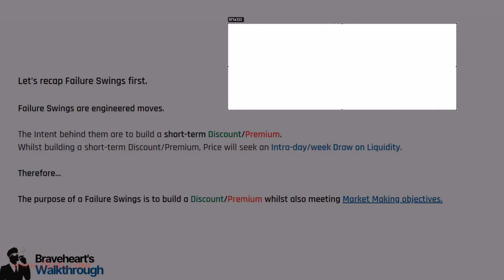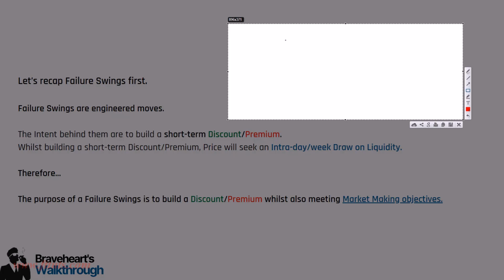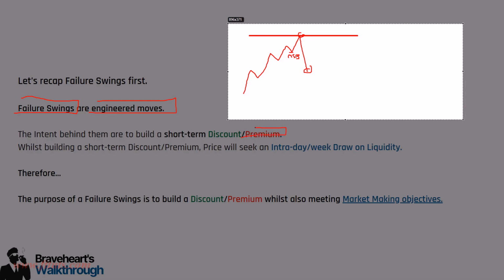So let me just quickly explain this graphically if you didn't understand. Let's say we have a long-term level here, and let's say price is trending up towards that long-term level. Price breaks market structure with that significant market structure break. Now we have the long-term low, and we have a long-term high. Failure swings are engineered to build, in this case, a short-term premium.